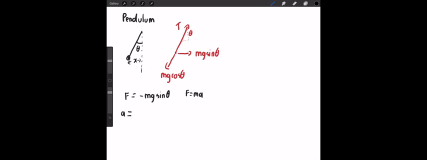So rearrange this for acceleration. It's just F over m, where the F is now going to be mg sin theta divided by m. Of course, the m's cancel out, so we end up with g sin theta. Okay, minus g sin theta should be really.